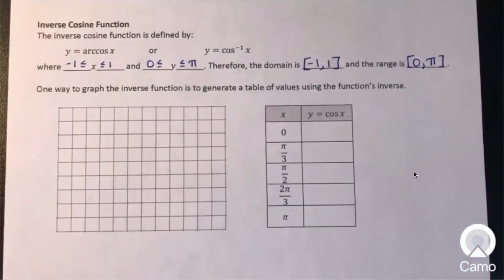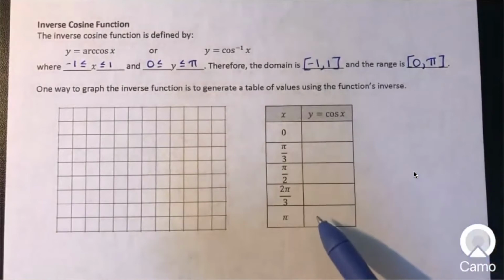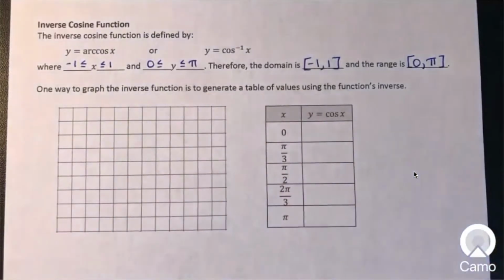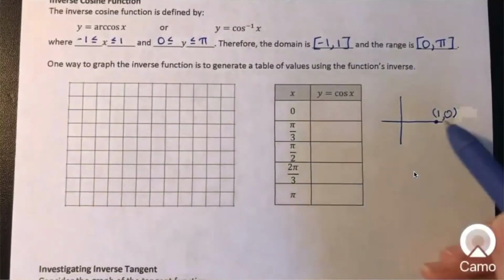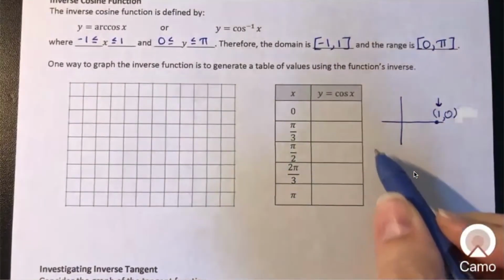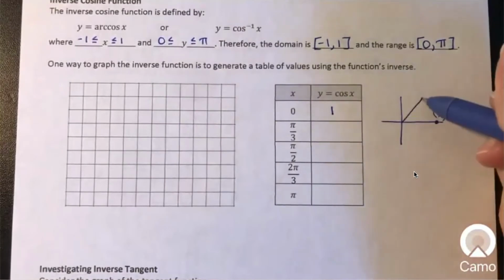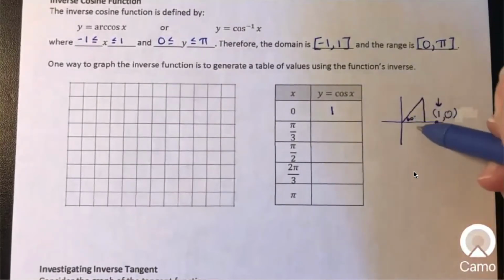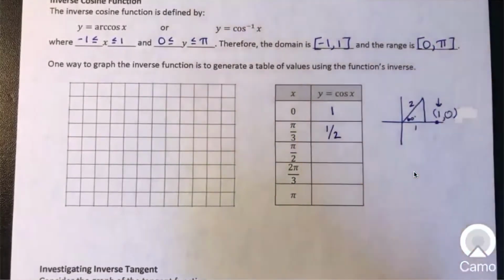So we're going to go ahead and, just like we did with sine, we're going to evaluate our cosine function, and then we'll switch our x and y coordinates to graph the inverse. At 0, we have 1, and cosine is the x coordinate. So cosine of 0 will be 1. Pi over 3 is 60 degrees, where cosine is 1/2.